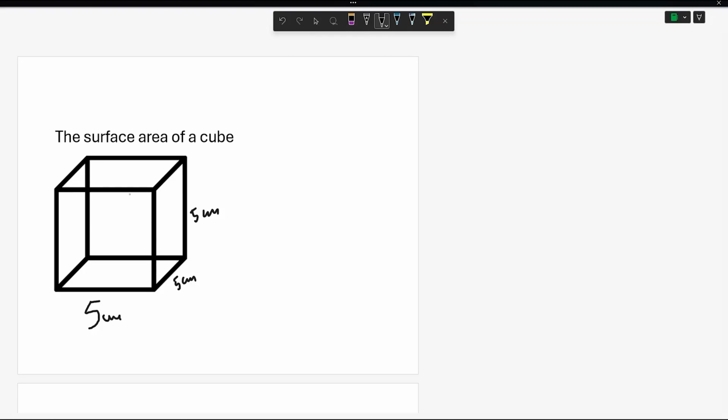So let's say side 1. So the formula is 6, you multiply by a square. A we will replace with our number. So how are we going to find it?